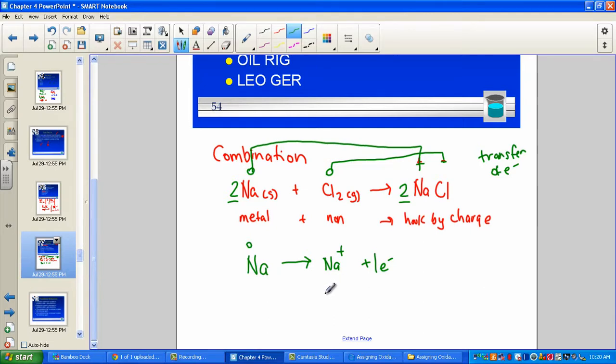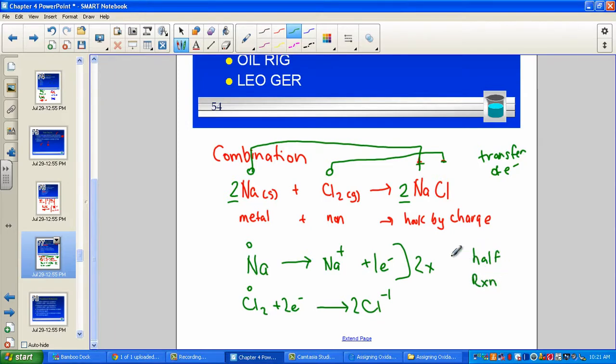They're both at 0. When chlorine started at 0 and went over to chloride, -1, well, it had 2 units of -1, so we're going to see a total of 2 electrons being gained there. And you can see why we distributed the coefficient of 2 in front of the sodium, so that the number of electrons lost equals the number of electrons gained. We're going to practice this half reaction method multiple times.